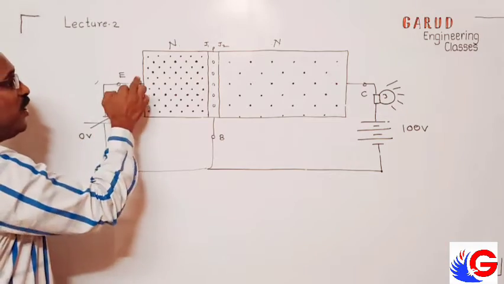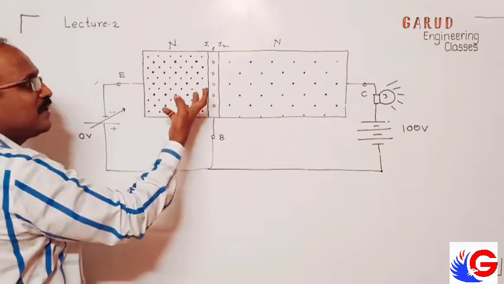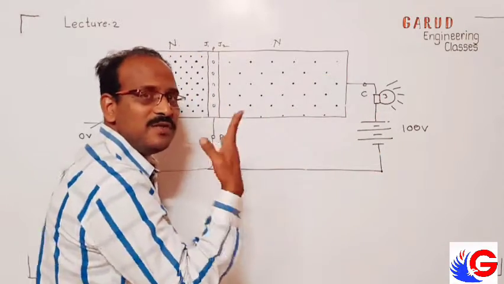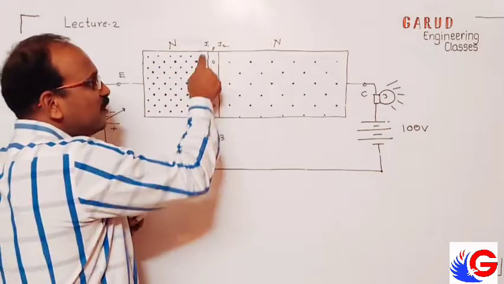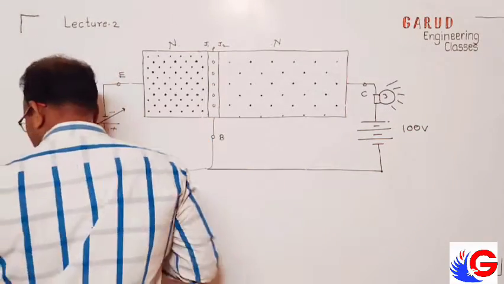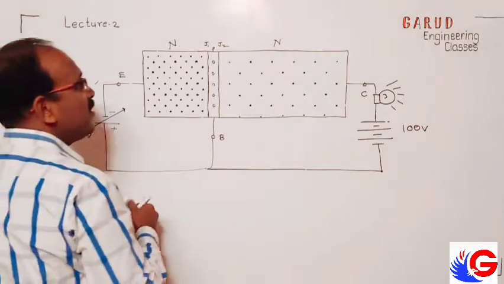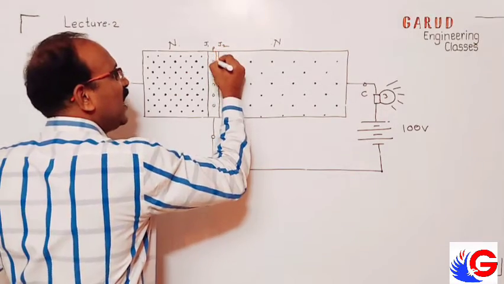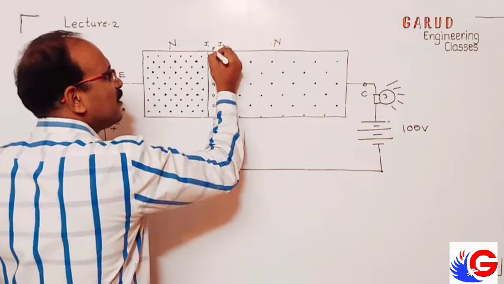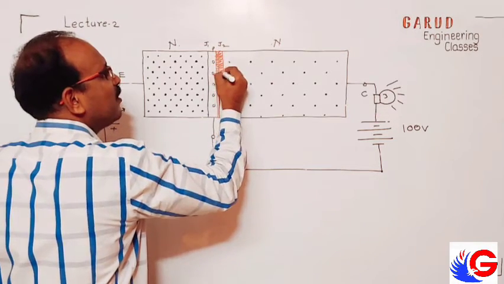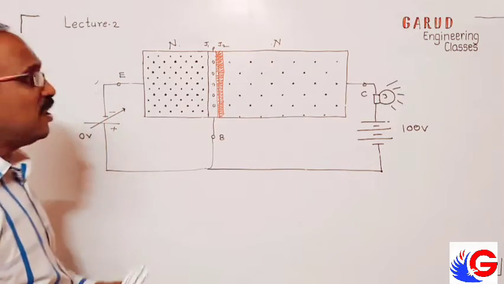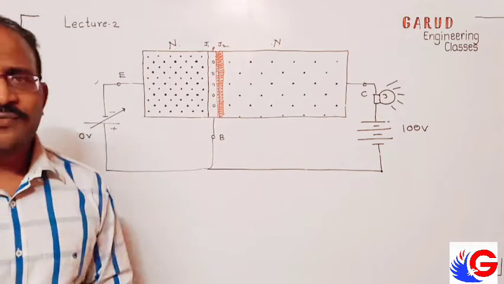So negative to the N type: this junction is forward biased, but positive to the N type: this junction is reverse biased. This junction is forward biased, but this junction will generate a depletion layer, because it is reverse biased. This depletion layer will spread out in this particular region. Correct? So this red portion will not allow the current.